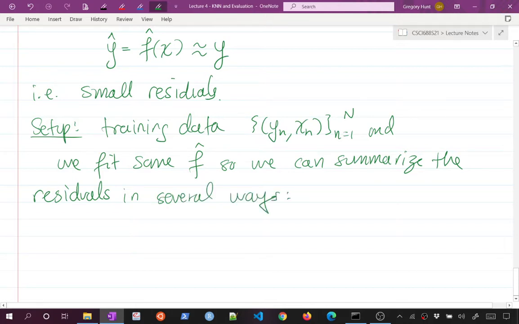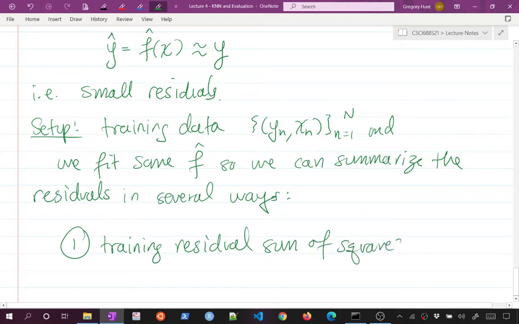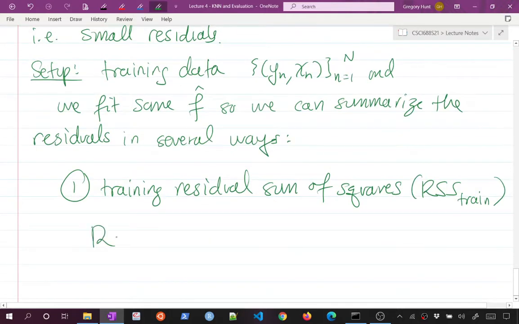The easiest or most simple is I could form what is called the training residual sum of squares, which I'm going to denote as RSS, with subscript train, because we're going to calculate it on the training data. RSS train is just the sum of my squared residuals.